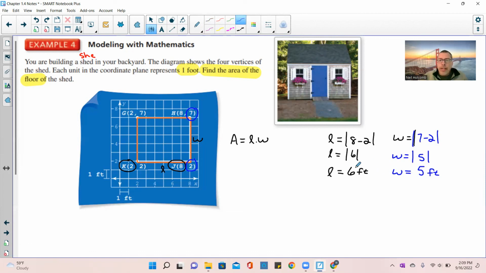Now I'm going to take what I got and substitute into my equation. So I wrote a formula, substitute the givens, length, 6 feet, times width, 5 feet. 6 times 5 is 30. Feet times feet is feet squared. So the area of this she shed is 30 square feet.